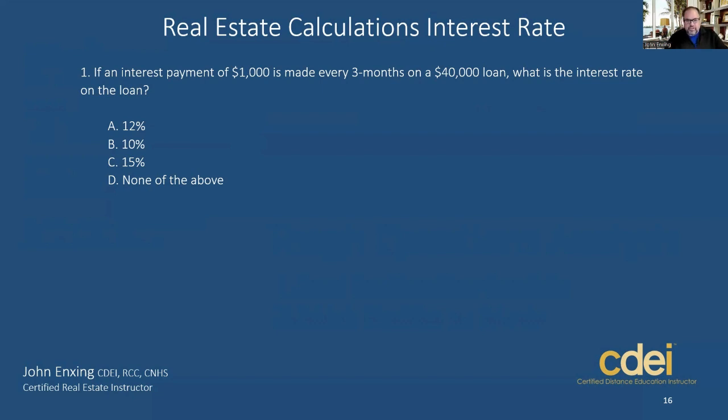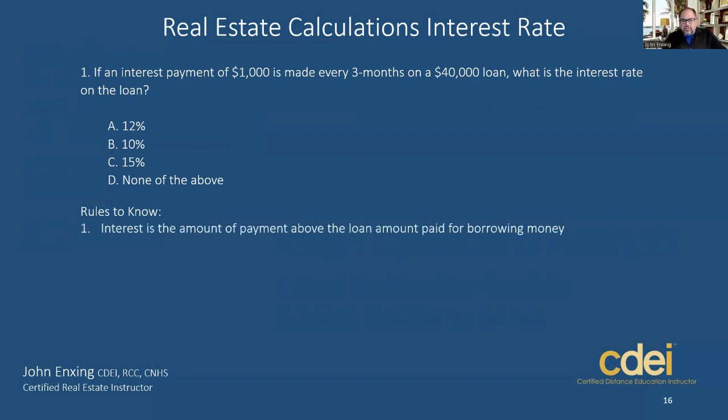Let's look at this. There are some rules of thumb, or rules to know. First, understand the theory behind interest rate. It is the amount of money paid above the principal loan amount, which is $40,000, paid back to the lender. That's how they make their money.